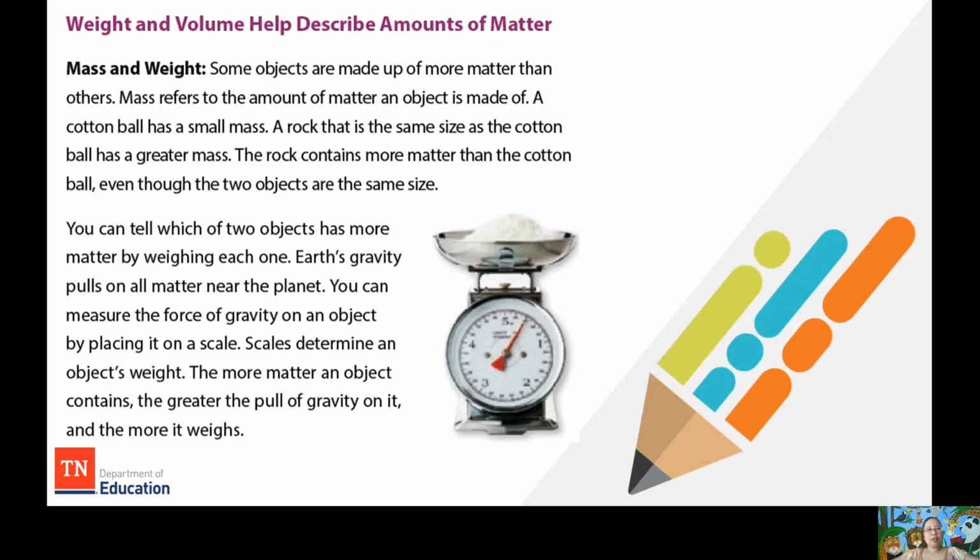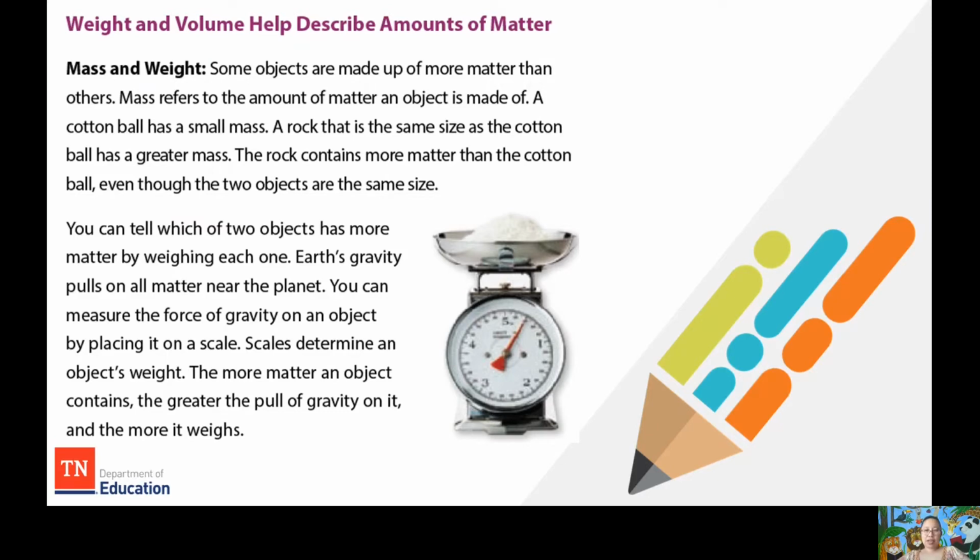Weight and volume help describe amounts of matter. Mass and weight. All right, so let me just back up a little bit. Weight and volume help describe amounts of matter. That's in purple. It's the heading of this section. So I'm going to learn about weight and volume.